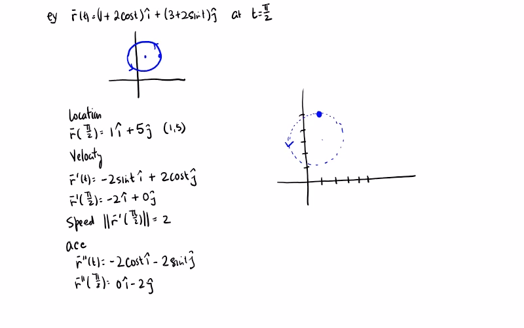So velocity in this case is directly to the left, which makes sense because that's the direction of motion. That's v of pi over 2, or r prime if you like. And then last but not least, the acceleration is straight down. And that's it. Nice simple example.